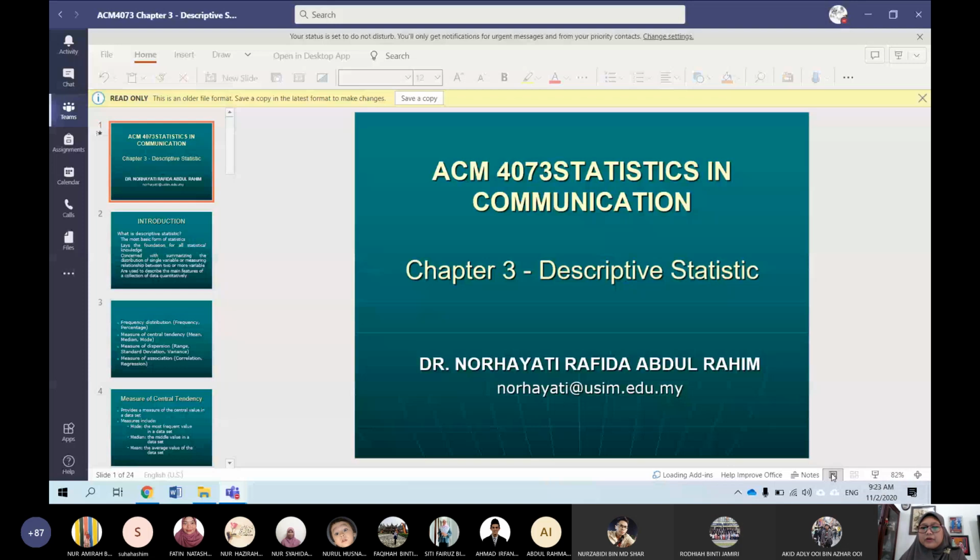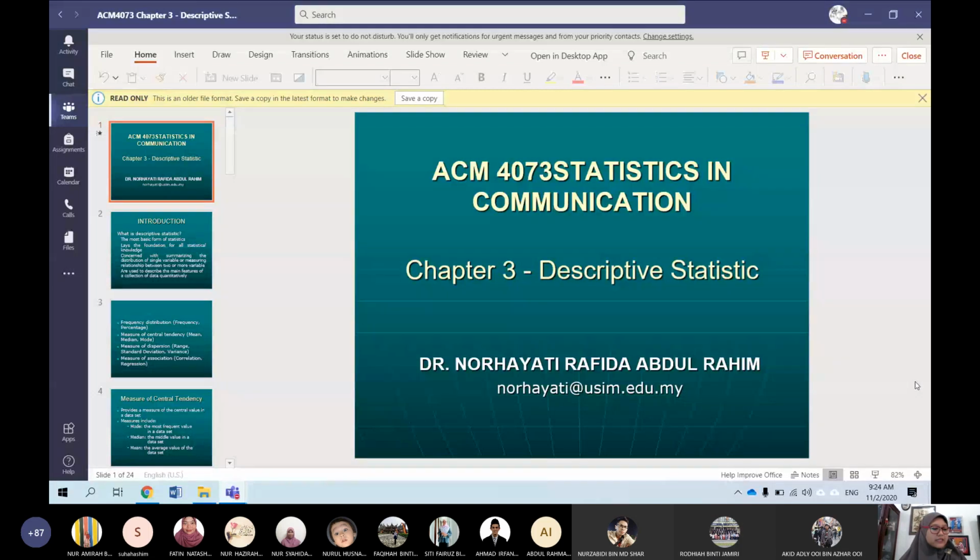Previously, we learned about measurement. We learned about type of data, which consists of 4: nominal, ordinal, interval, and ratio. When you deal with SPSS, you will have different type of data.